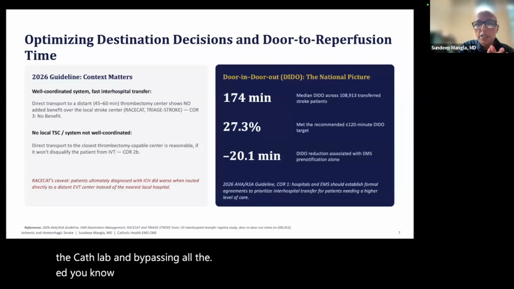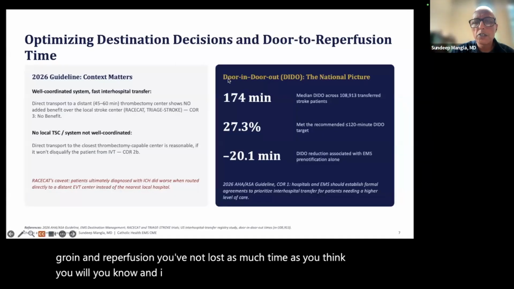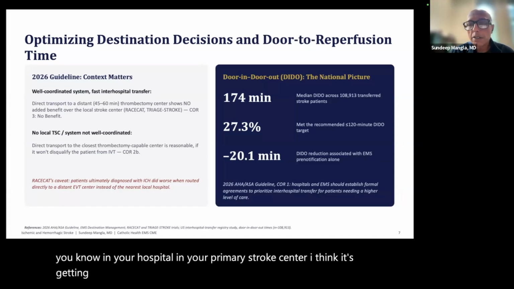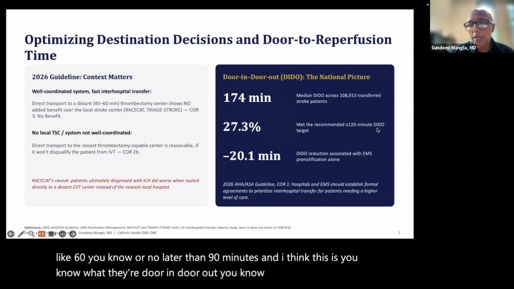So by the time you get to the groin and reperfusion, you've not lost as much time as you think you will. And I think the key there is door-in, door-out time in your primary stroke center. It's getting that door-in, door-out not to that 174 minutes, but closer to 60, or no later than 90 minutes. Their door-in, door-out, DIDO time target was 120.